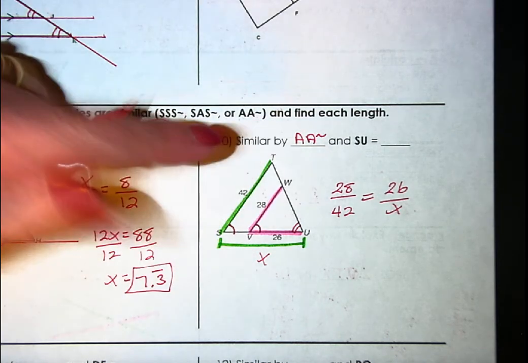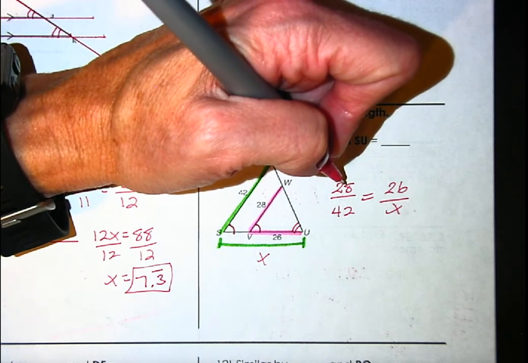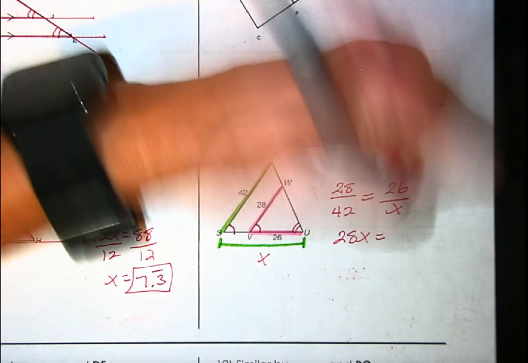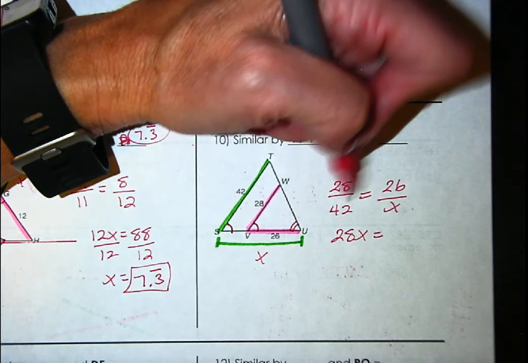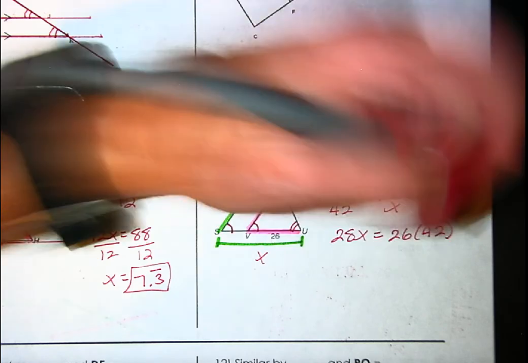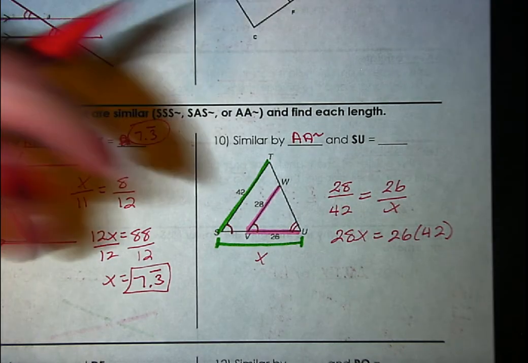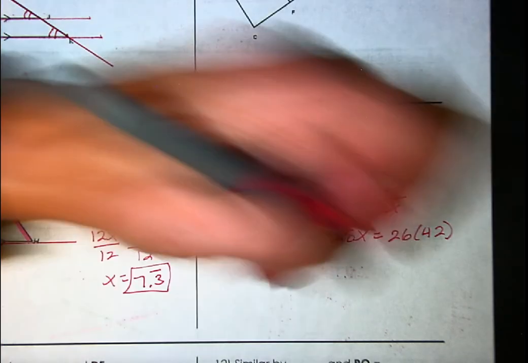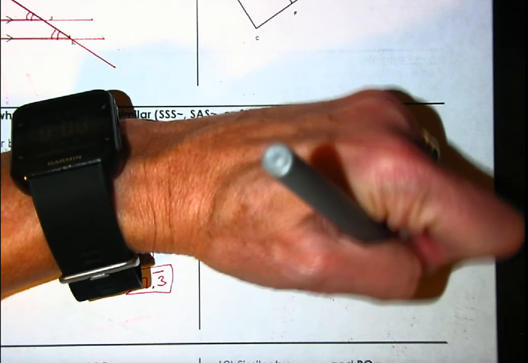And I'm going to cross multiply. So I get 28 times X equals 26 times 42. And if I multiply those, 26 times 42 is 1092.